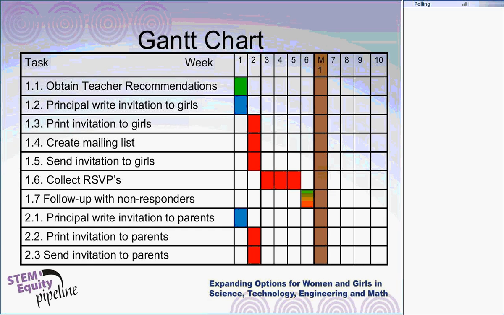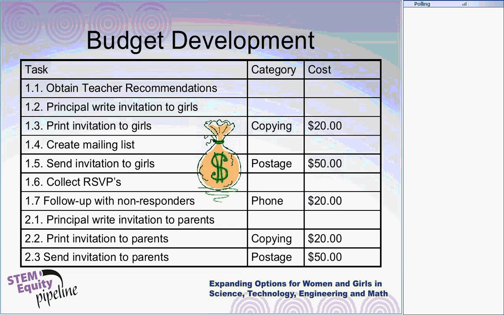And of course, there were other milestones that we had earlier, evaluation points, and those would all be included on your Gantt chart. Of course, you also want to develop a budget. You can do this using, this is the exact same list of tasks. And then we have budget categories, copying, postage, and phone in this case for these particular tasks.